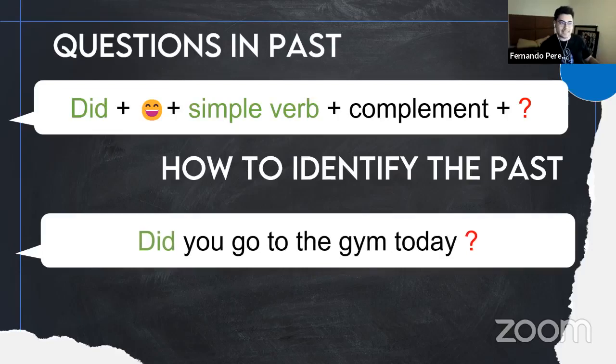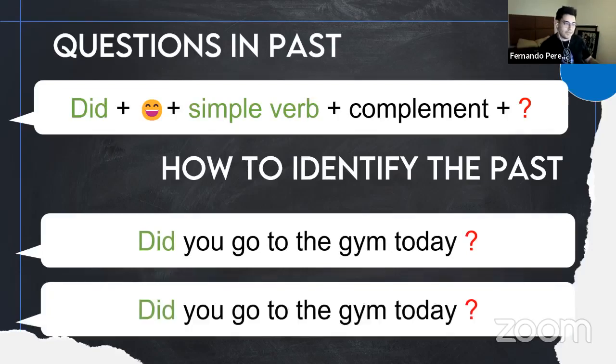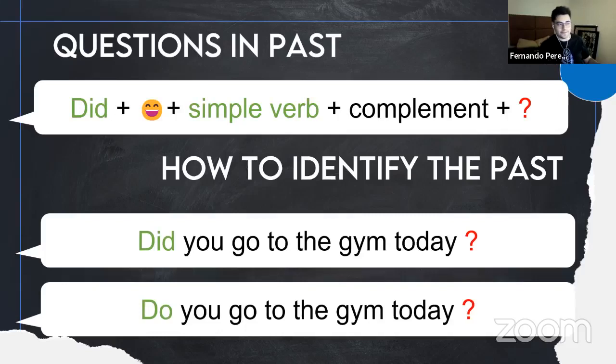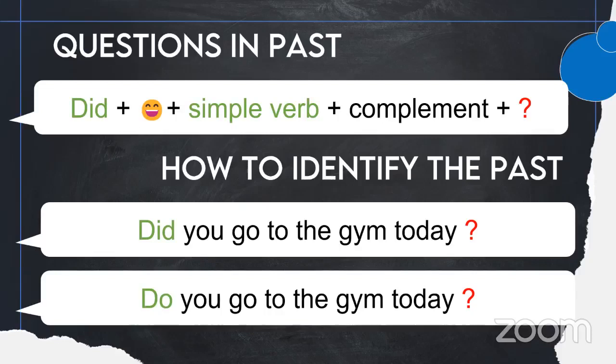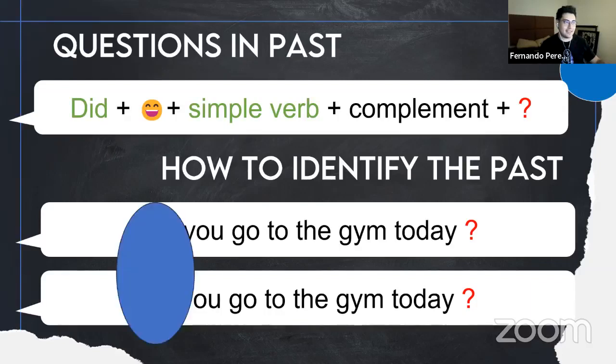Let's contrast this with this. Surprise, surprise. It's the same sentence. No? Yes, it's the same. Then the only difference in this case is the auxiliary, sorry.